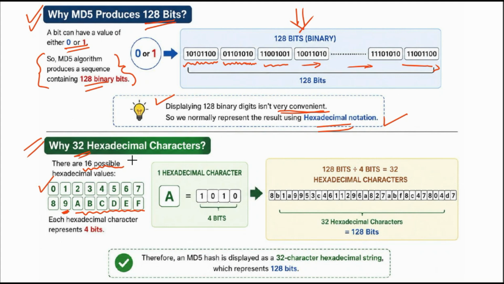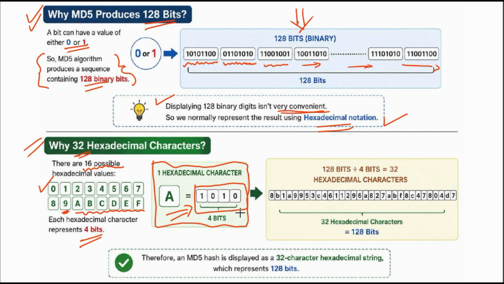Each hexadecimal character represents 4 bits. For example, you can see the character A. The character A normally represents a value of 10. So the 10 is represented as 1010. So A is represented with a total of 4 bits to represent a value of 10.